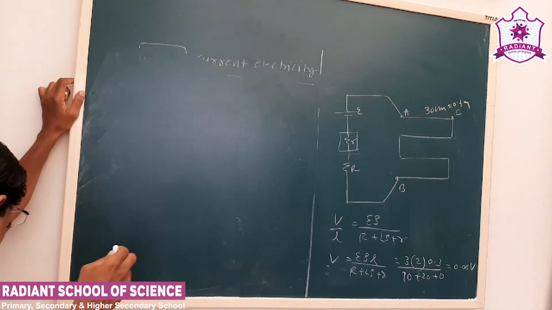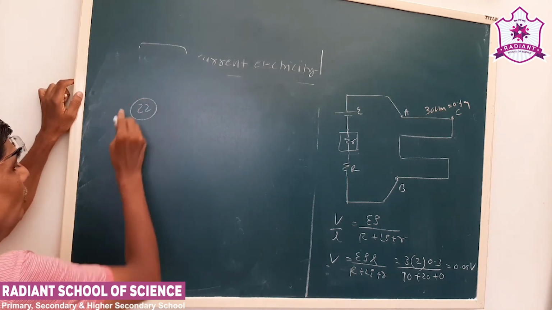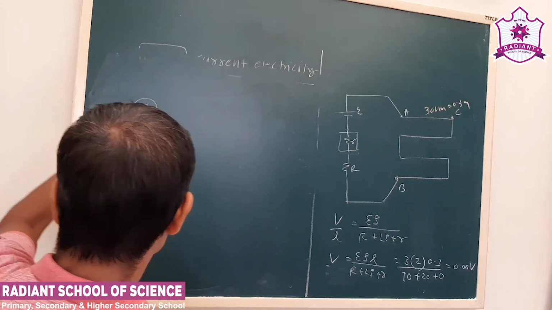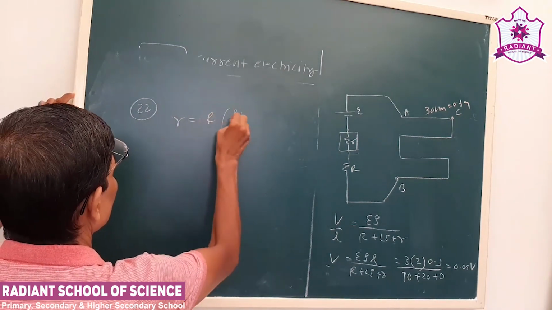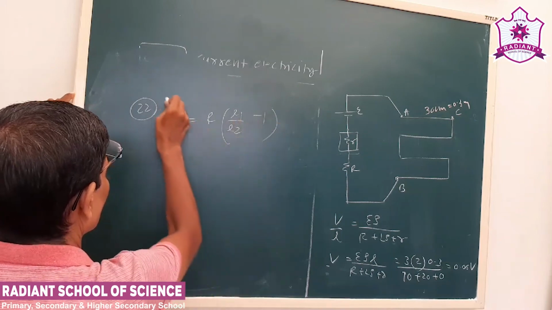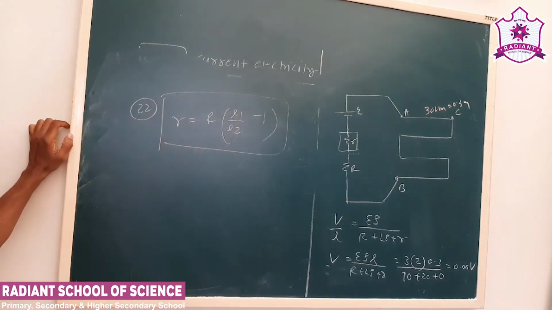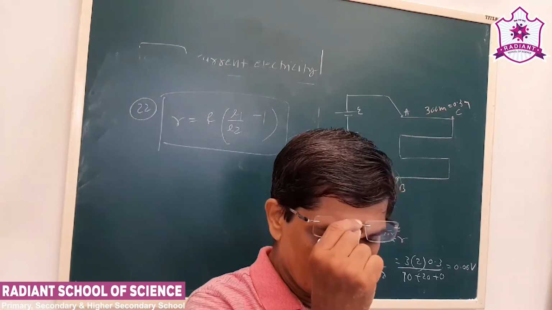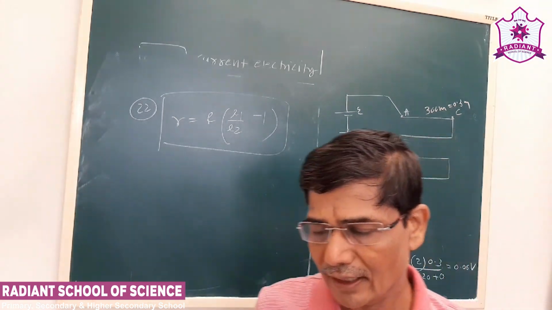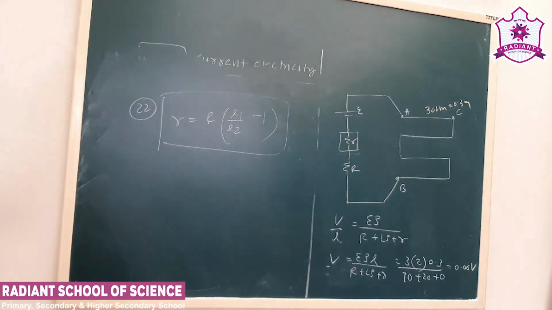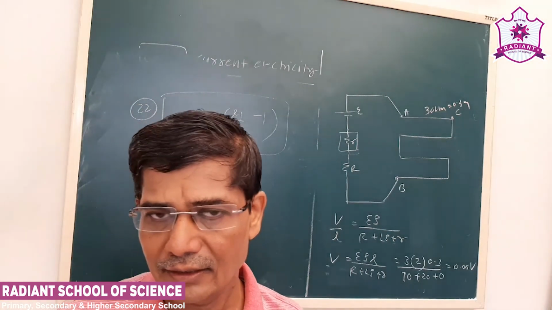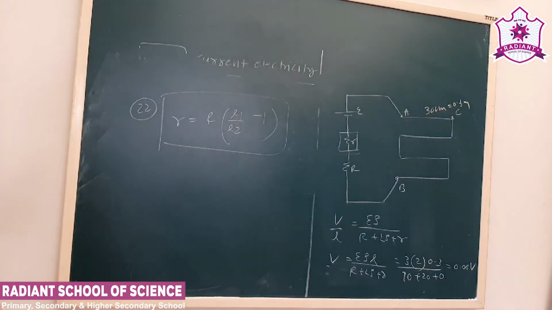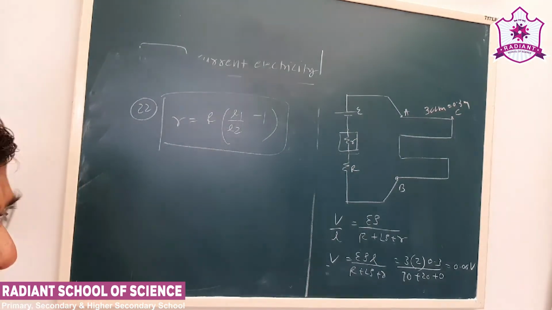Now that is related to obtaining the internal resistance of the cell. Now though it looks complicated, but see the final answer is very easy. See even in competitive exams, JEE exam also, sometimes you see the long description, but if you can understand or interpret the data well, then the answer becomes very easy.